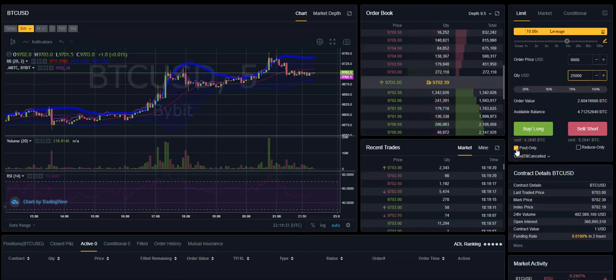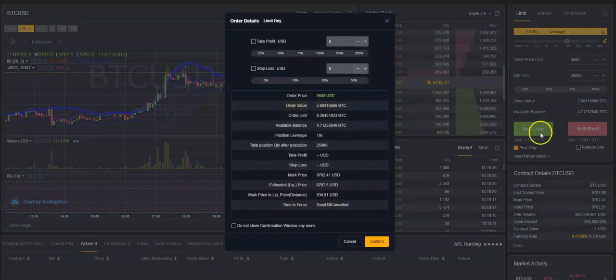And post only makes sure it posts on the order book and counts as a limit order, in case the price action is really close to the order price that you have set up. Cool. So now when you click on buy long, this will pop up. And this is basically a summary of how you can set up take profits or stop losses and all that fun stuff.